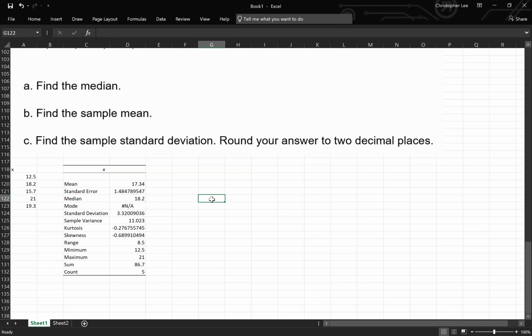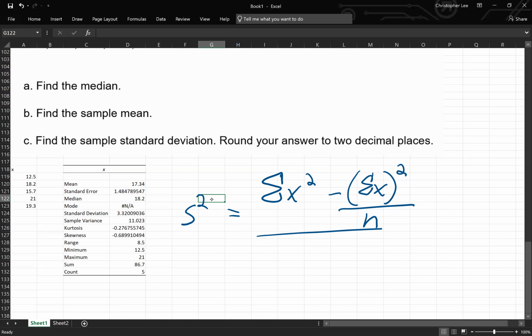Any questions on this? How do you find the variance again? I think I skipped this step. So the variance is that formula: the sum of x squared minus the square of the sum of x divided by n, all divided by n minus 1.